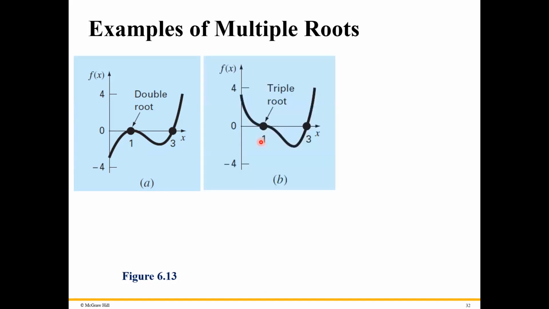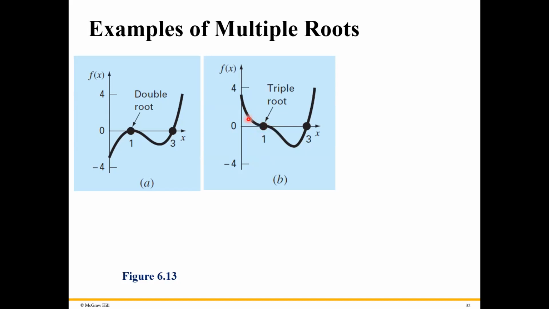In the next figure, you can see the example of a triple root. In the case of a triple root, the curve will cross the x-axis. But in this case, while crossing the x-axis, the slope of the curve becomes equal to 0.